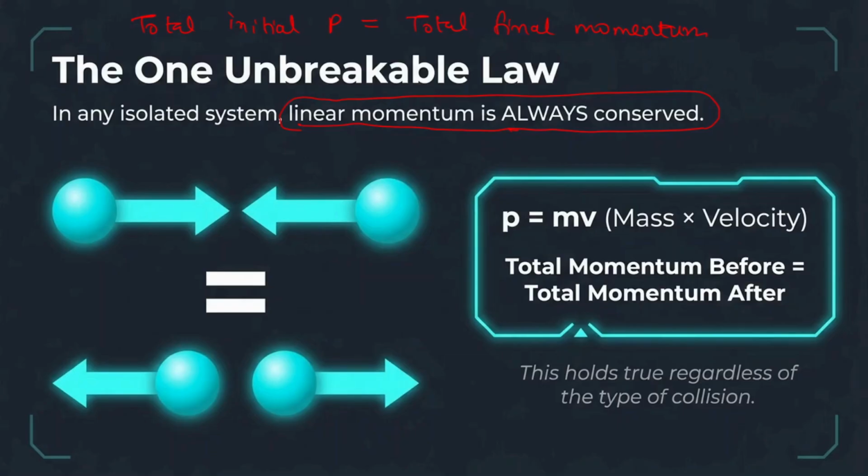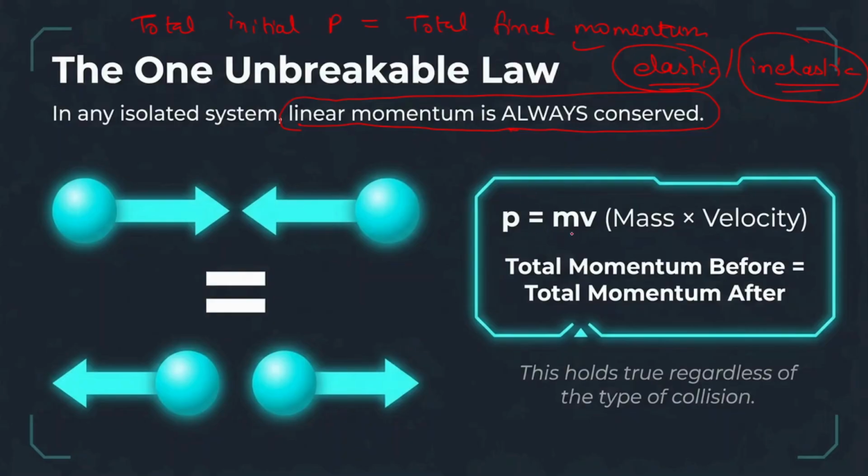So students, remember this very carefully. The conservation of momentum applies to collisions whether they are elastic or inelastic. So you do not need to bother about whether the collision is elastic or inelastic. You can apply this rule in both situations.